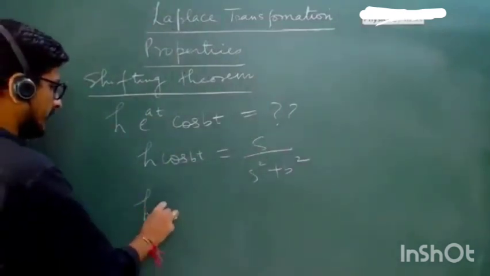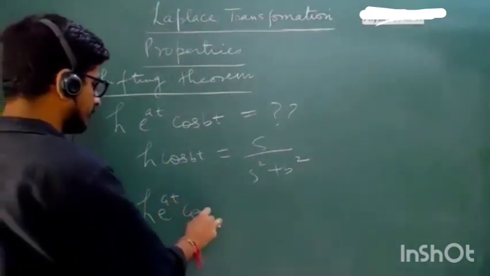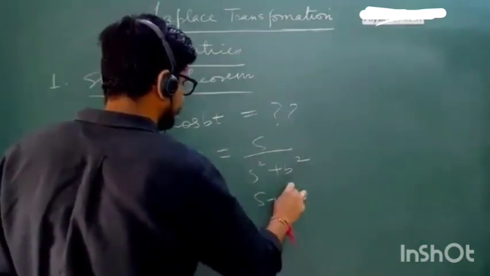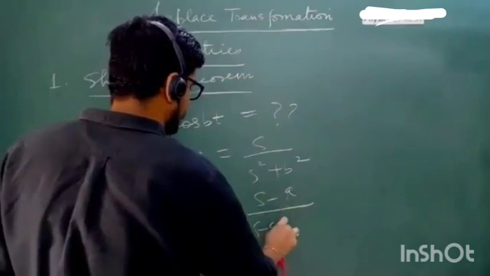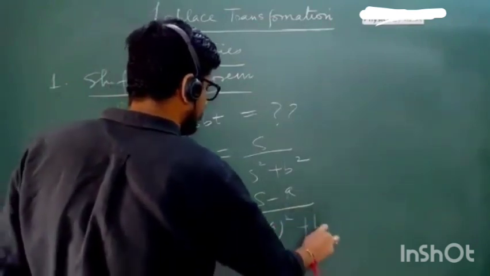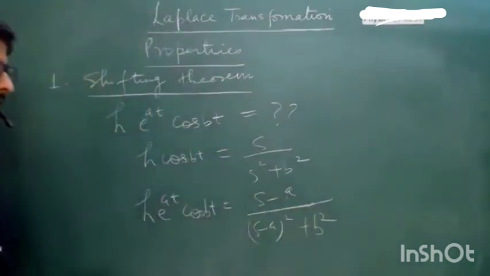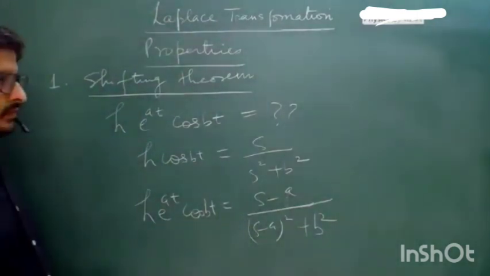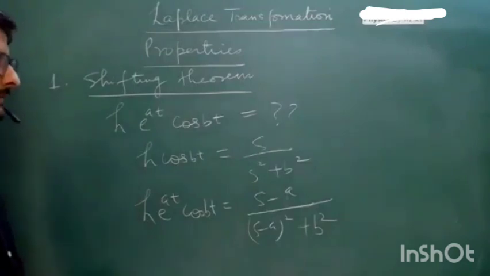Then using first shifting, the Laplace of e to the power at cos bt will become s minus a upon s minus a square plus b square. Check this. Do you understand? Are you able to understand it?